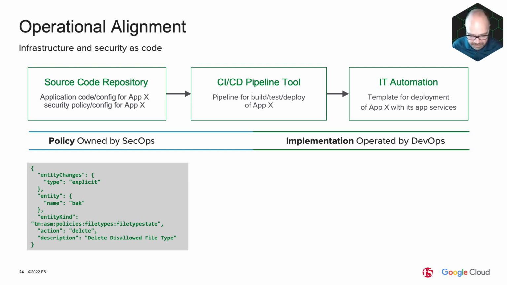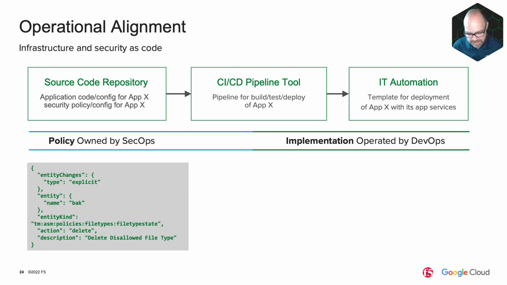Finally, I've been talking about operational alignment a lot during this webinar, because it's really important. The way that we see this working is, we have a deployment pipeline, a CI/CD pipeline, call it what you like, and we keep in that pipeline in source control our application code and our container build scripts, so that we can push an application out the other end fully built and tested.